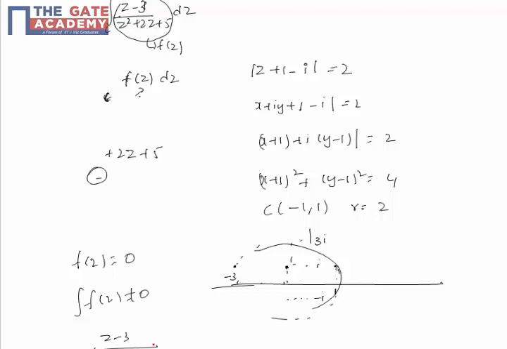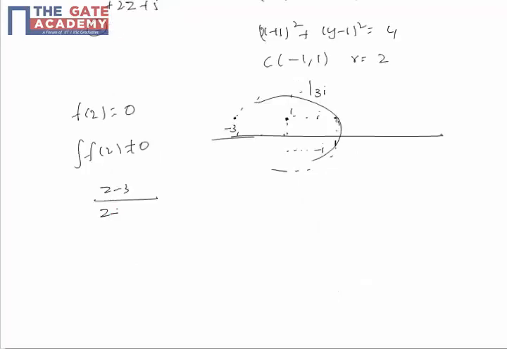The function is (z minus 3) divided by (z plus 1 minus 2i) into (z plus 1 plus 2i). So the points are z is equal to minus 1 plus 2i, and the other point is z is equal to minus 1 minus 2i. We have to see whether these points fall inside the circle or not.